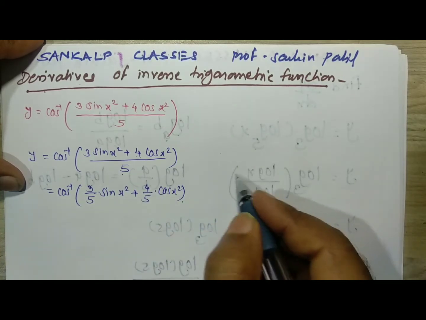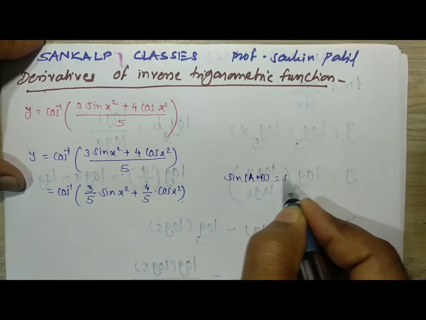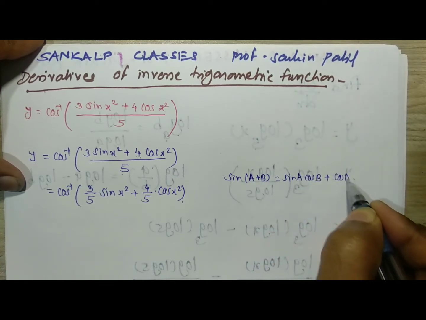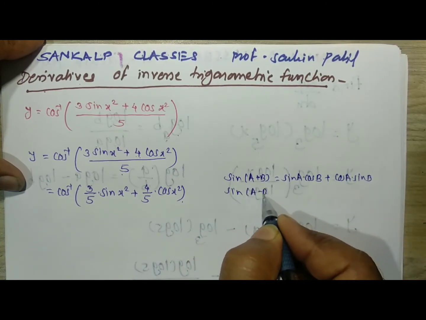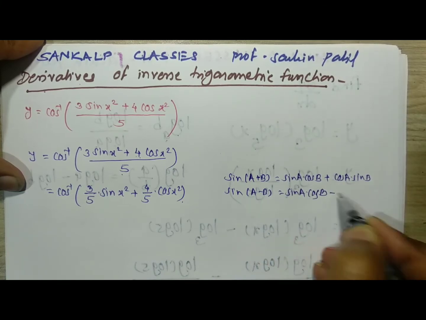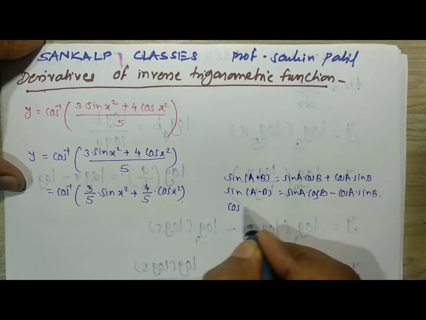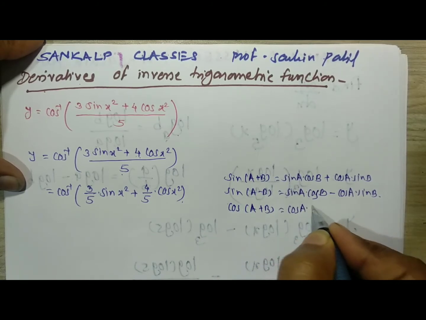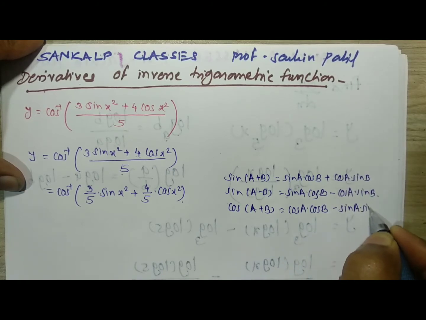We know the formulas: sin(a plus b) is equal to sin a into cos b plus cos a into sin b. Then sin(a minus b) is equal to sin a into cos b minus cos a into sin b, and cos(a plus b) is equal to cos a into cos b minus sin a into sin b.